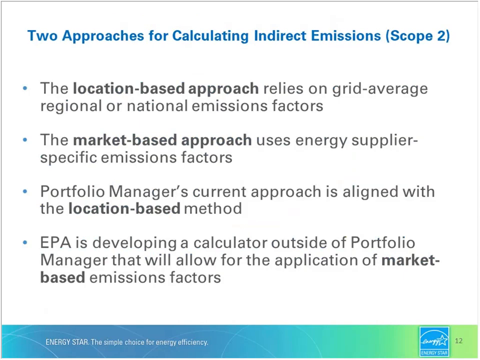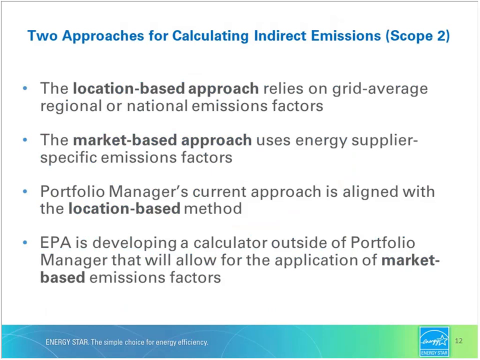So I do want to point out, for those of you that maybe have gone a little bit deeper into greenhouse gas emissions inventorying and tracking, that there are two approaches for calculating indirect emissions. One of these is called the location-based method, and it uses grid average emissions factors. So the approach that we just discussed, the use of the eGrid subregions, is consistent with the location-based approach.